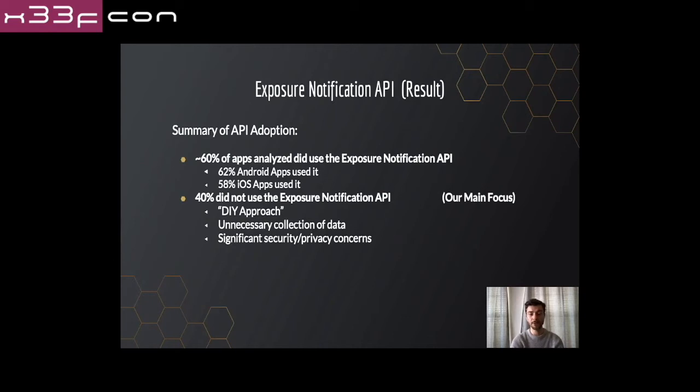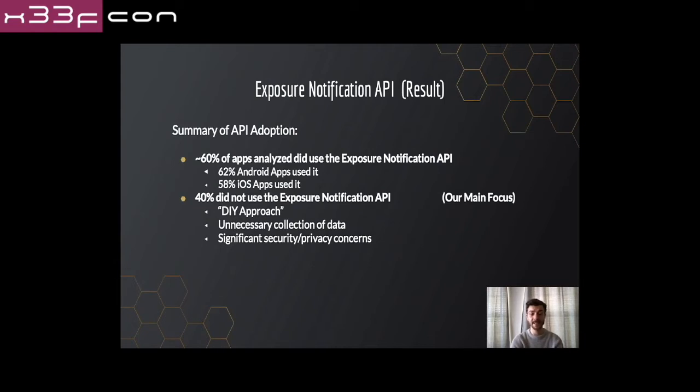However, 40% neglected to use the exposure notification API, and they instead took a do-it-yourself approach to security. They completely neglected the core functionalities provided to them by Google and Apple. And in many cases, several of these applications that we analyzed are collecting unnecessary additional pieces of user information, which we'll cover in later slides.